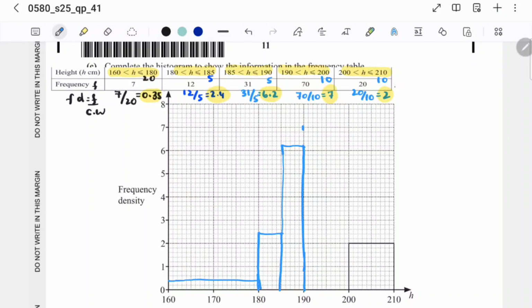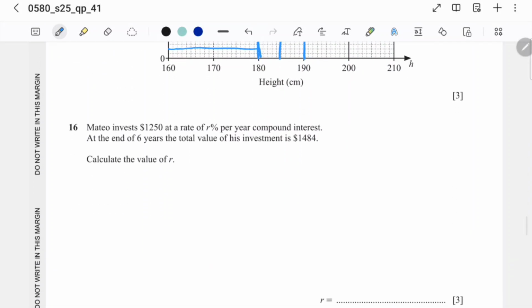So we'll have to make it till 7. Alright, so we have made the histogram. The first one, 160 to 180, is 0.35 or 0.4. Then 180 to 185 is reaching till 2.4, then 185 to 190 is 6.2, and then 190 to 200 is reaching till 7. So this is the complete histogram.